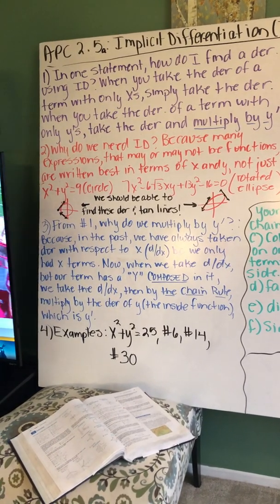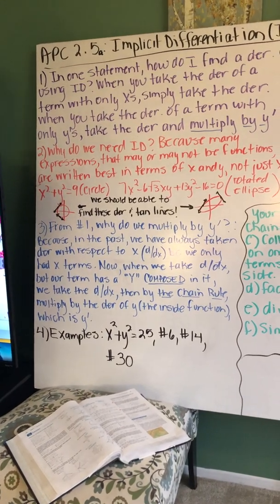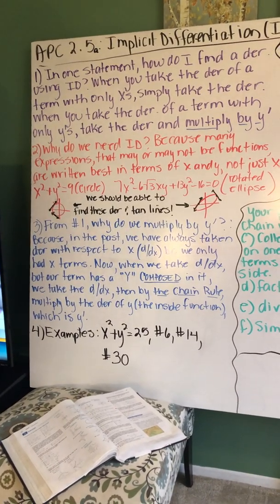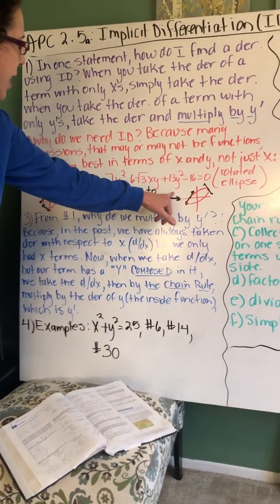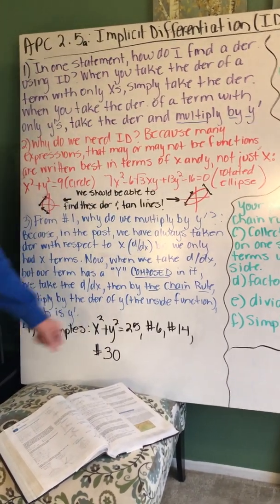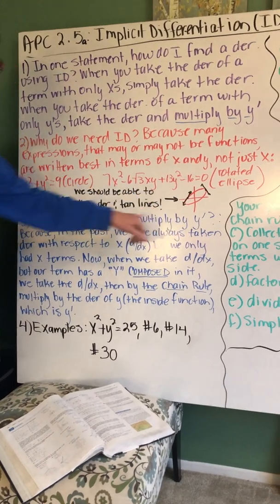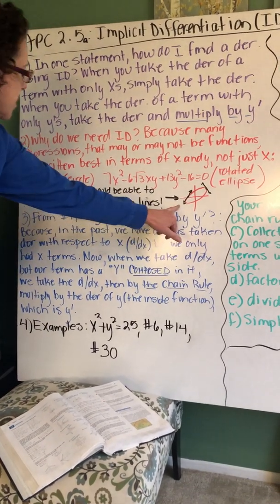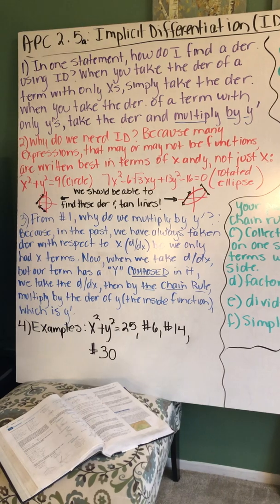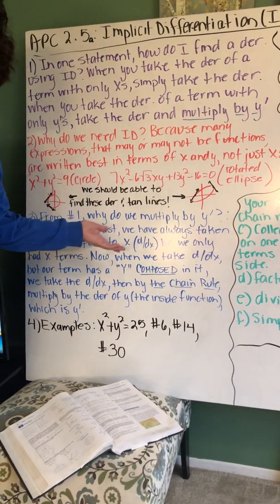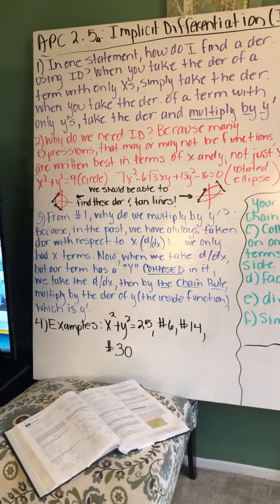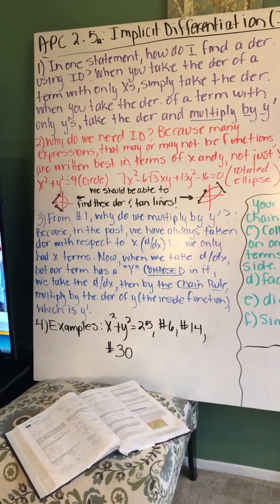If I got the y alone in terms of x, I've got my square roots, plus and minuses, you've seen that. This expression right here in terms of x and y is actually a rotated ellipse that looks like this. So take a look at this circle and this ellipse, and I put tangent lines on it. Shouldn't we be able to find these derivatives and these tangent lines? Yes, we should, and we use implicit differentiation to do that.